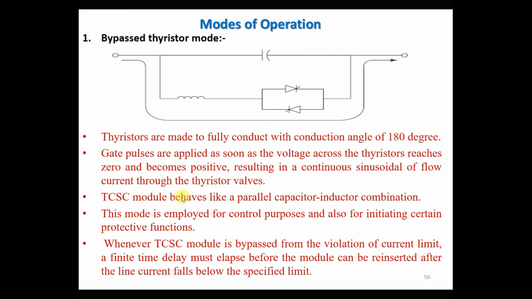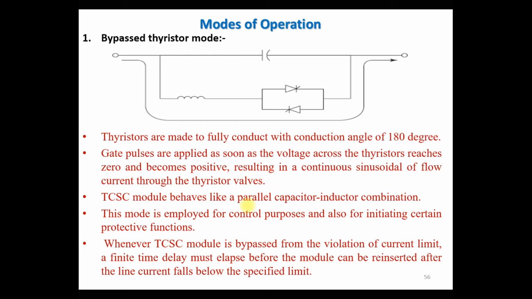The inductor does not act as a variable inductor because the firing angle is such that the thyristor conducts for the full 180 degrees. So this mode is employed for control purposes and also for initiating certain protective functions.